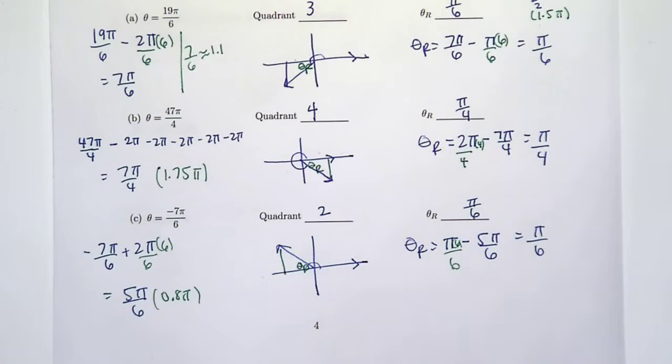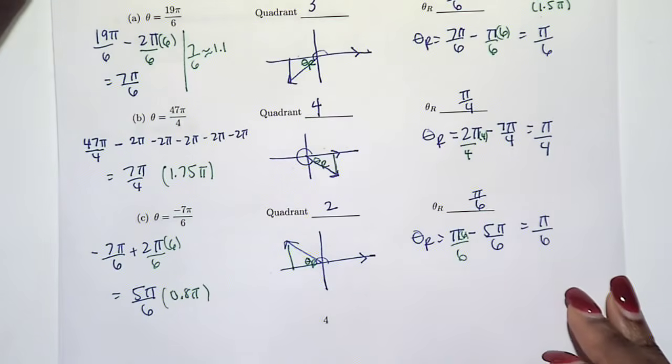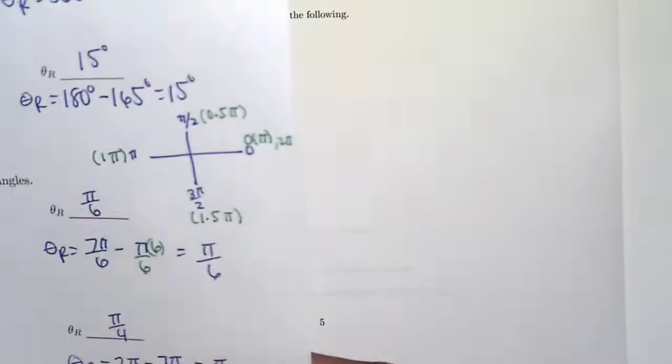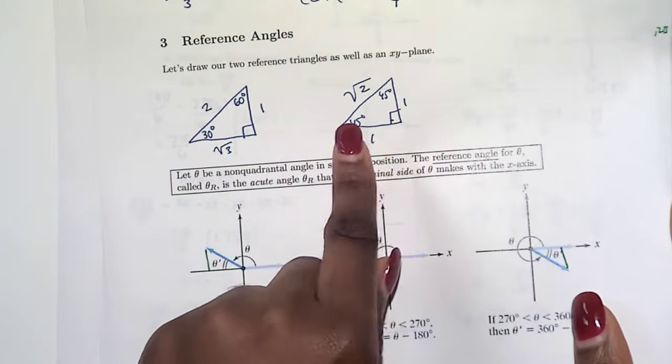Okay, so why is this useful? Why do we go through learning how to do this? Well, sometimes you may not know the unit circle, and you may just know our special angles. So these reference triangles is what we're going to be using. Okay.